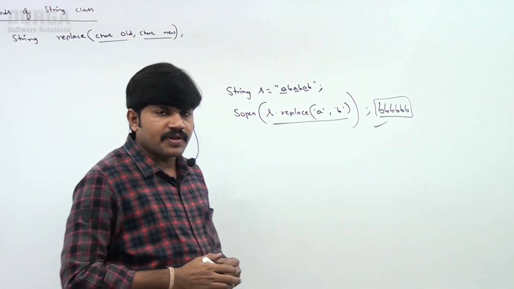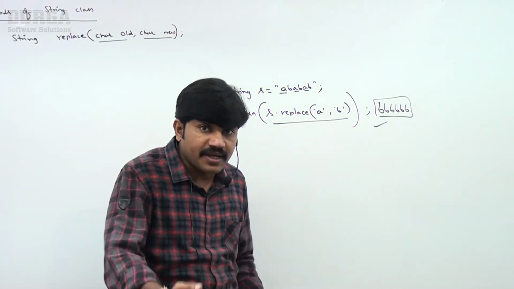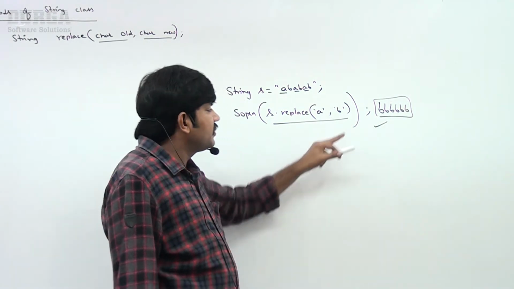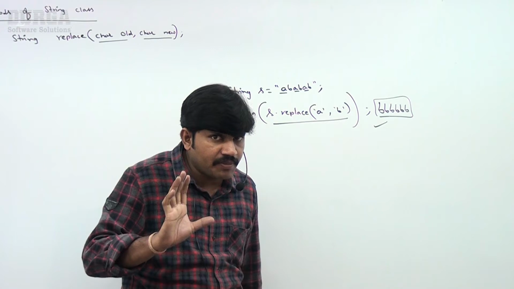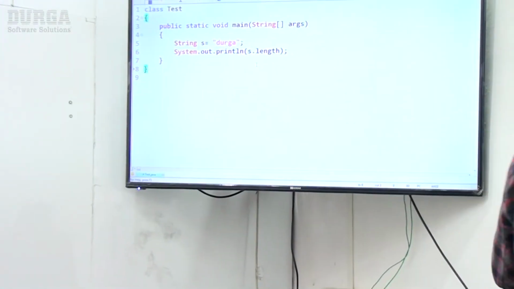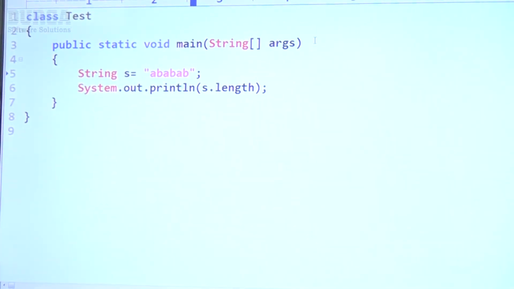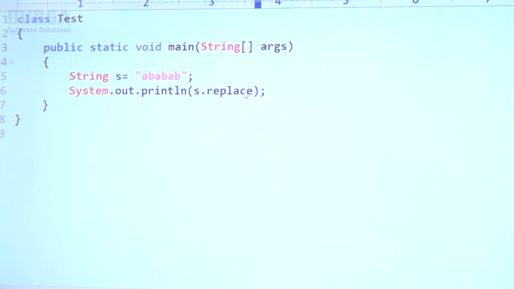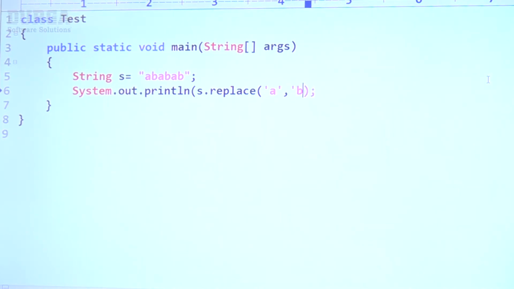So what is the purpose of the replace method? Every old character is replaced with the new character. Here every a is replaced with the b, so the output is all b's. Let me execute, sir. Here listen, string s is equal to ab. Sir, s dot replace, I'm taking char a, can you please replace with the b?